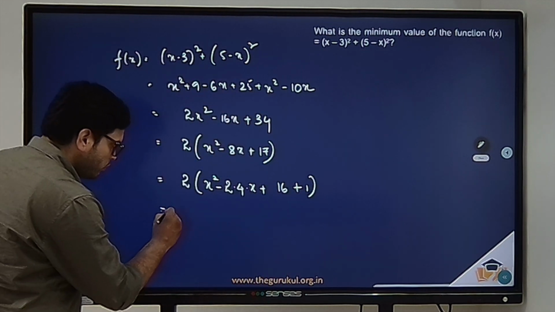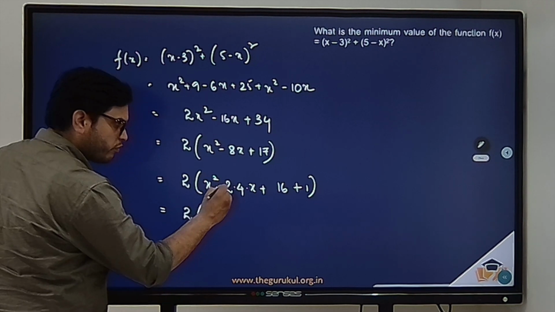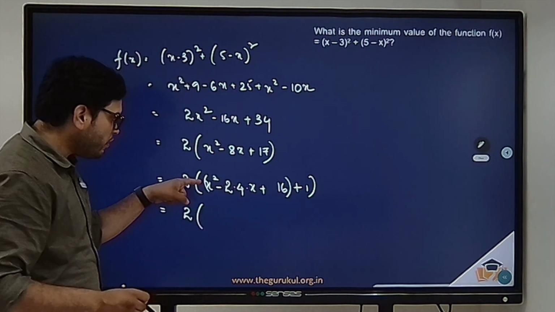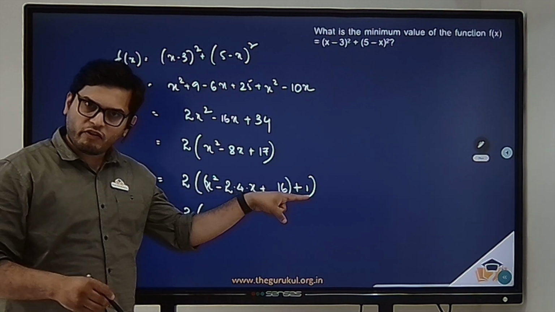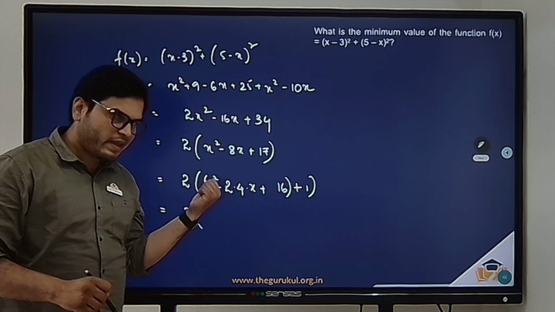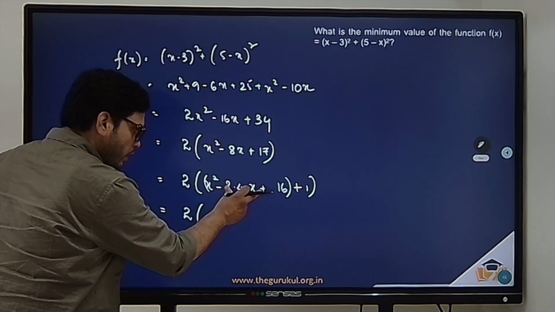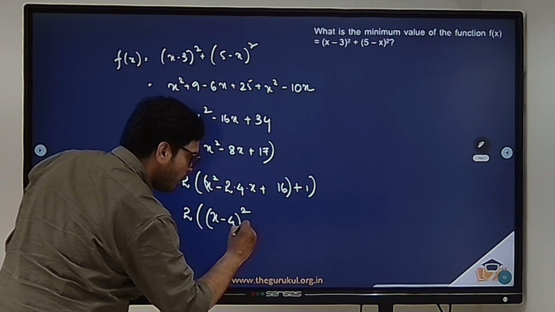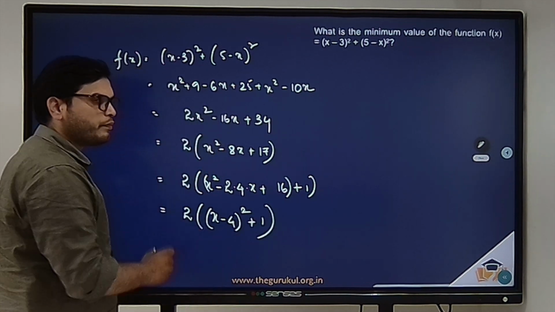Now if you observe, this is x square minus 2 into 4 into x plus 16. Now this is a square minus 2ab plus b square, where the value of a is x and b is 4. So I can rewrite this as (x minus 4) whole square plus 1, right?